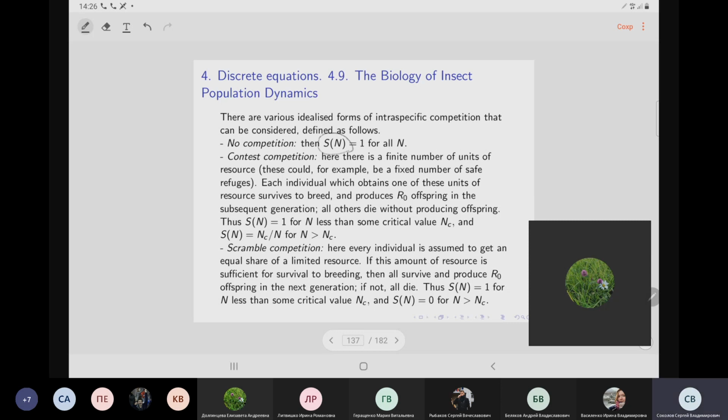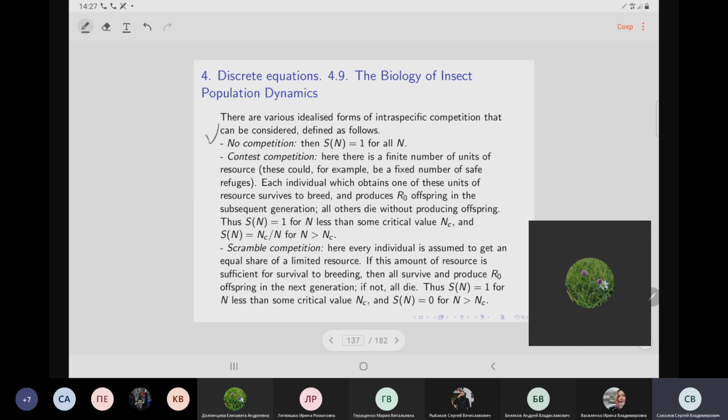It means that it reflects the interspecific competition. So far, there can be 3 different possible competition types. First one, no competition. Then S of n is always 1 for any n.